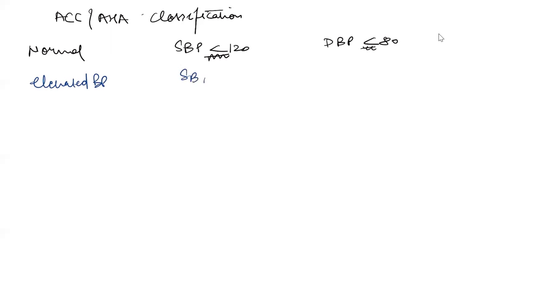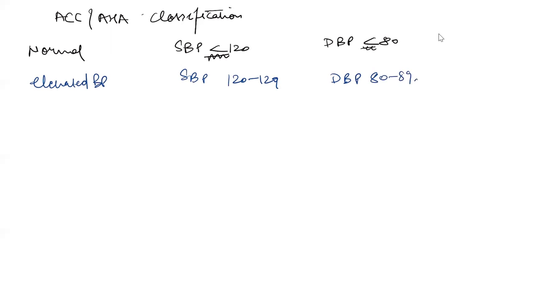According to this, normal BP is when SBP is less than 120 and diastolic BP is less than 80. The second condition is elevated BP, which is when SBP is 120 to 129 and diastolic BP is less than 80.